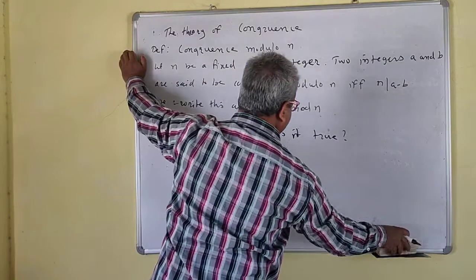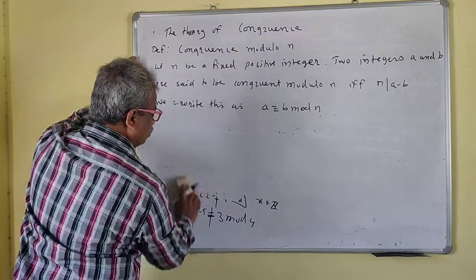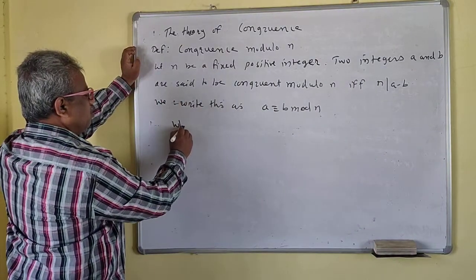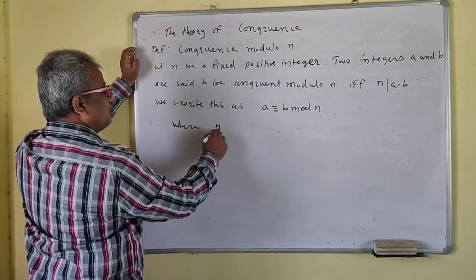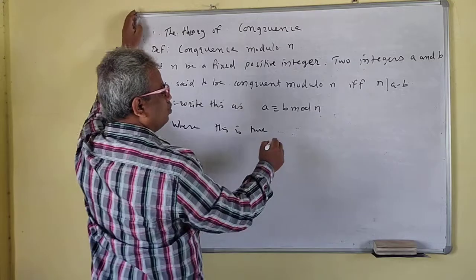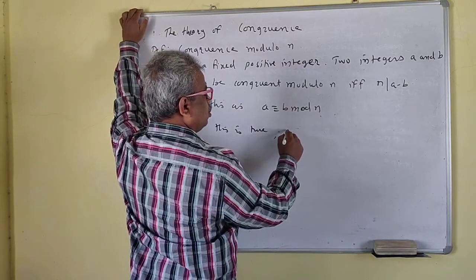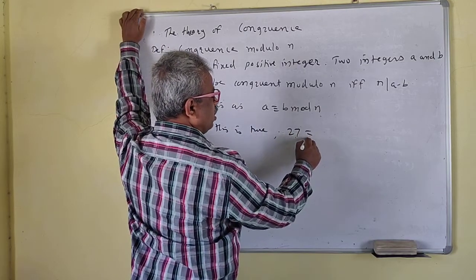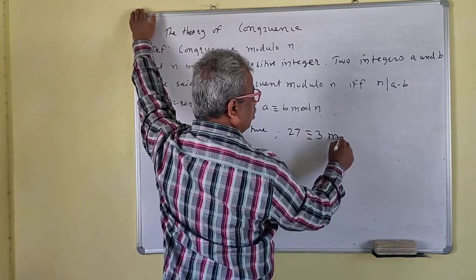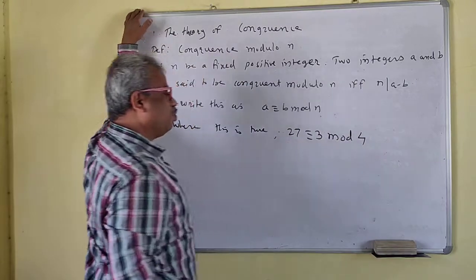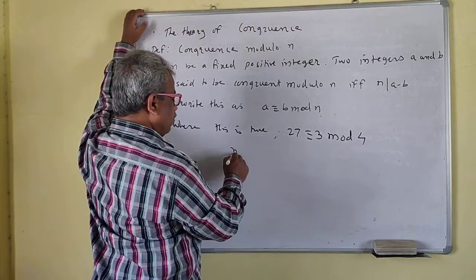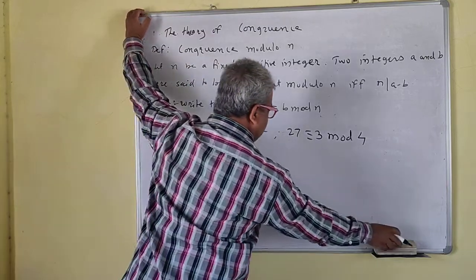Okay? So we'll take one more example. Whether this is true. Suppose I take 27 is congruent to 3 mod 4. So what here? n divides a minus b. So I write a minus b.